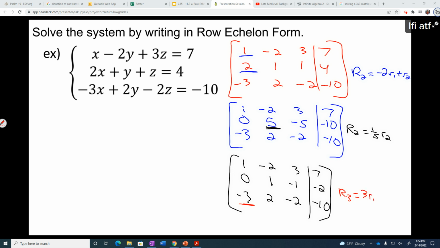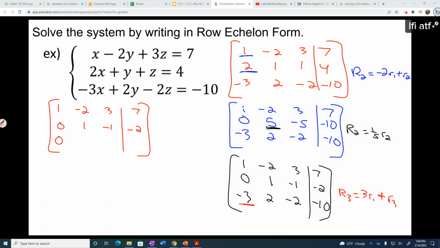So 3R1 plus R3. So we'll keep the first 2 rows. So 3 times R1 is 3, plus -3 is 0.